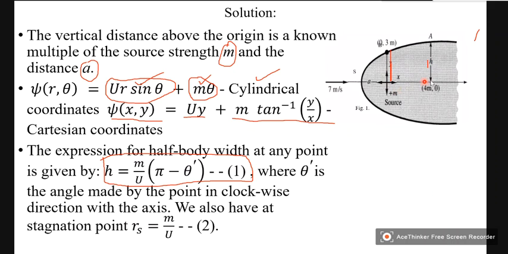If I am considering a point here, this is h. If I am considering a point here, this is h. So this is the expression for h: h is equal to M by U times (pi minus theta dash), where theta dash is the angle made by the point in clockwise direction.